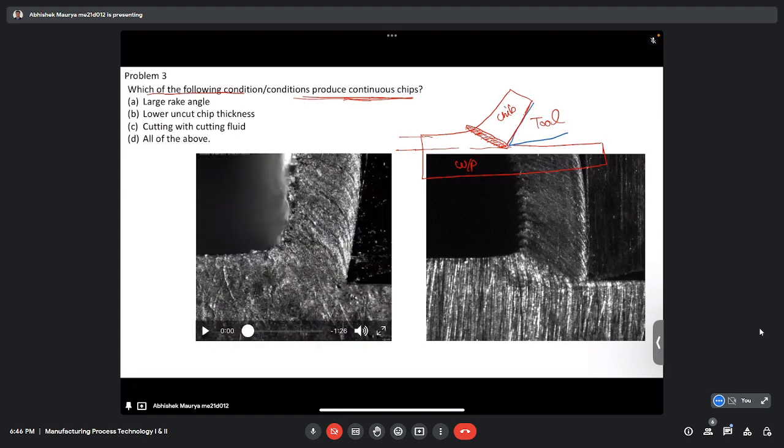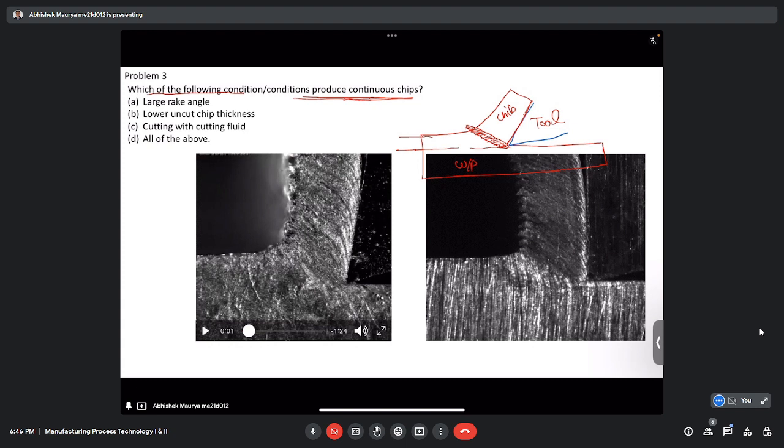Okay, for simplicity, I will explain quickly. This is the tool. And yes, Uma Maheshwari, you are telling correct. It is the continuous chips.